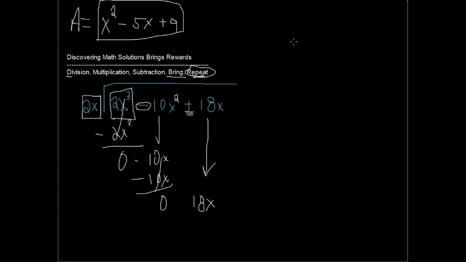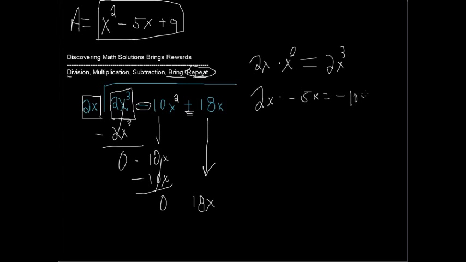We know that when you multiply 2x by x squared, you come out with 2x to the third. We checked that. We know that when you multiply 2x by negative 5x, that gives us negative 10x squared.